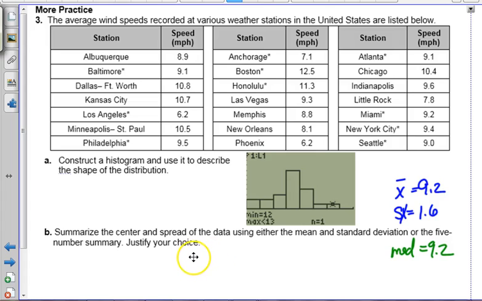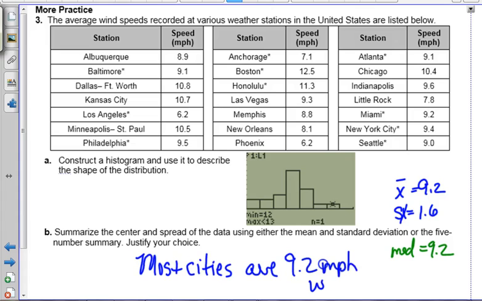So we would say, and you don't have to write this if you don't want to, I'm not asking you this on the quiz, but the average was 9.2 miles per hour with most cities between what and what?